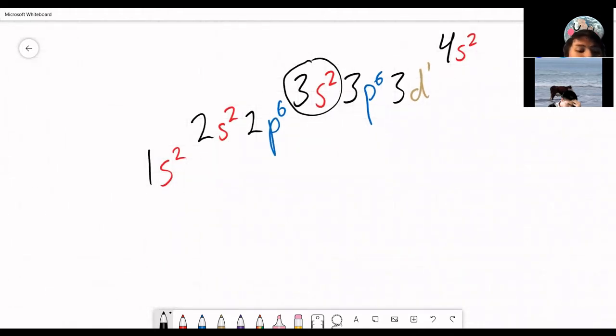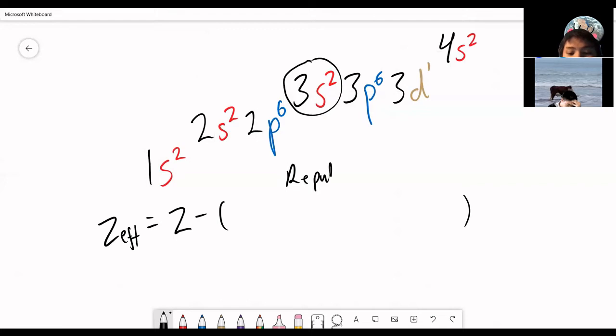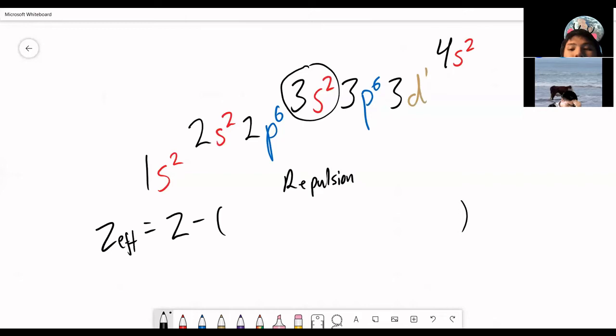In order to calculate this effective charge, we would take the total charge minus the repulsion from all other electrons. And we can calculate this repulsion by basically taking a sum of how much each electron contributes, and multiply that by the number of electrons that there are.